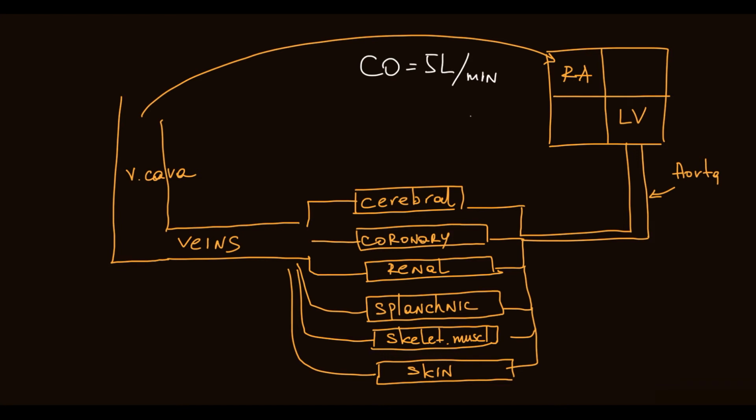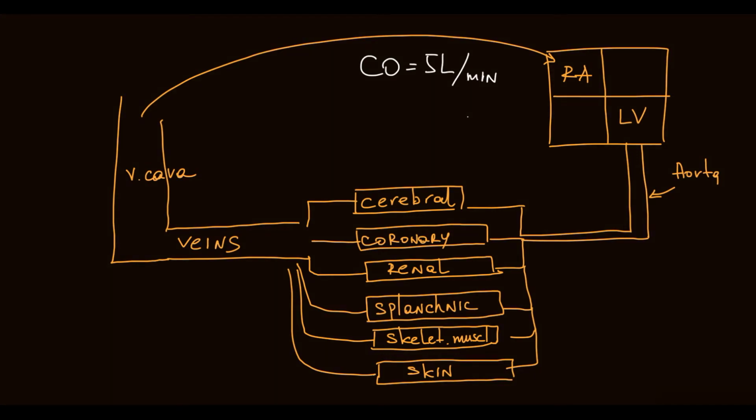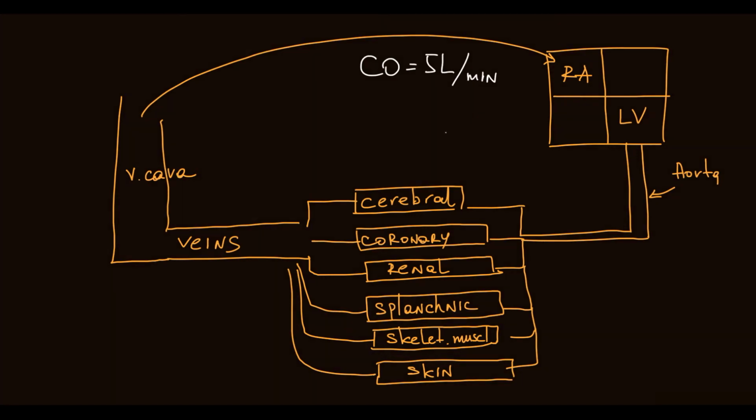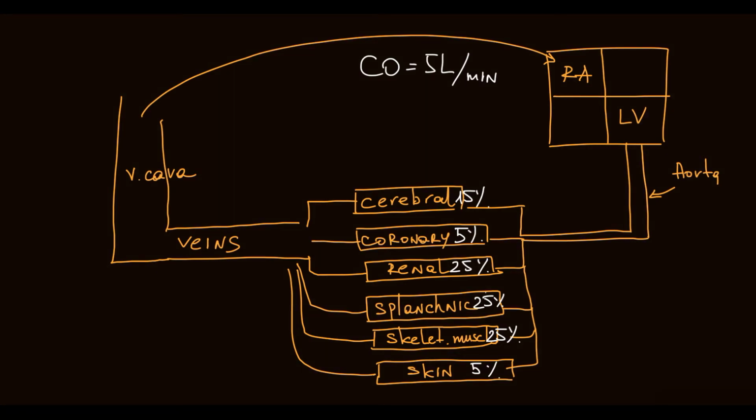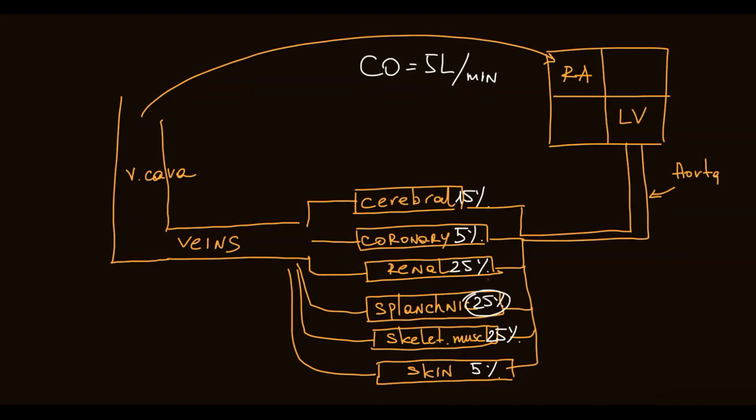And for example, in normal state, 25% of all cardiac output is delivered to renal and splanchnic circulations and also to skeletal muscles, 5% to coronary circulation and skin, and 15% to cerebral circulation. But during and after a meal, especially in case of hyperosmolar chyme, blood delivery to splanchnic circulation increases.